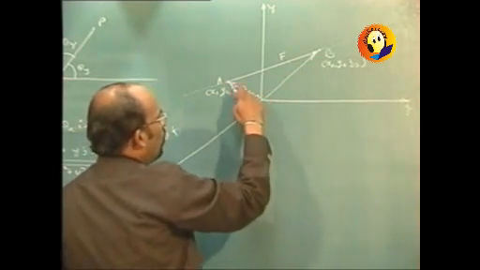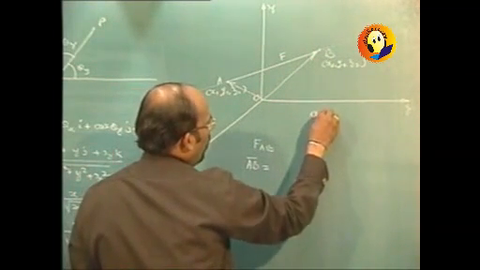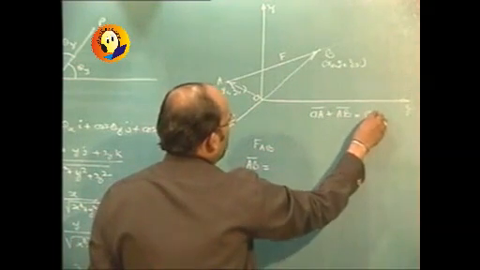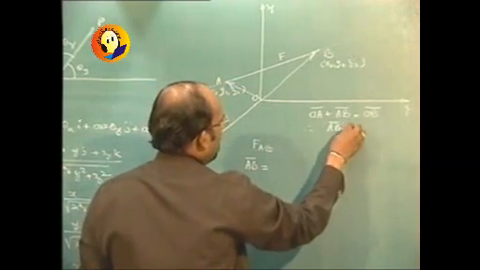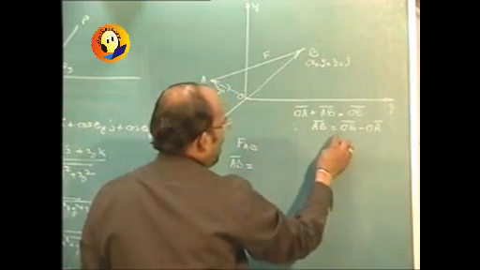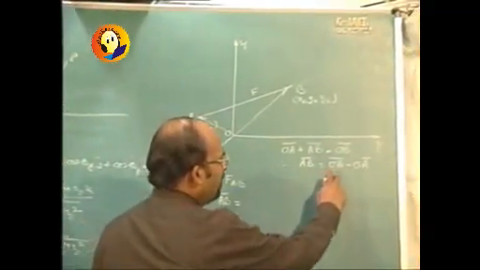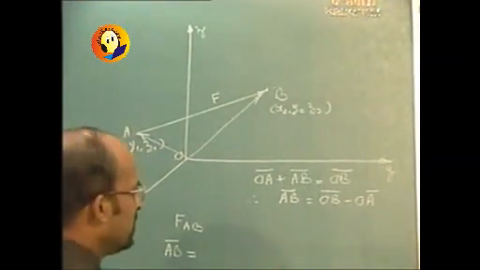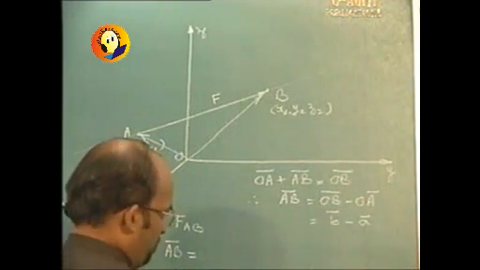OA bar plus AB bar is nothing but OB bar, and therefore AB bar can be written as OB bar minus OA bar. Any point when connected to the origin gives a vector like OB bar, OA bar, OP bar, and these are called position vectors. They can be written by the small letters, B bar minus A bar.